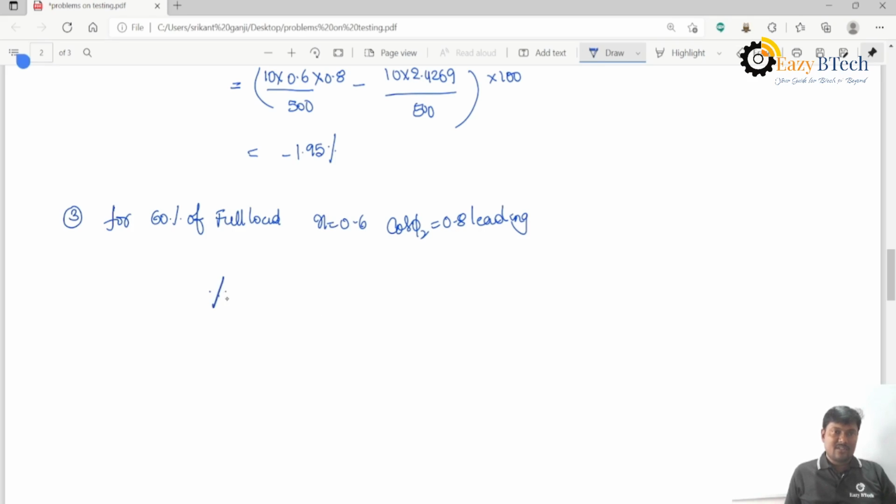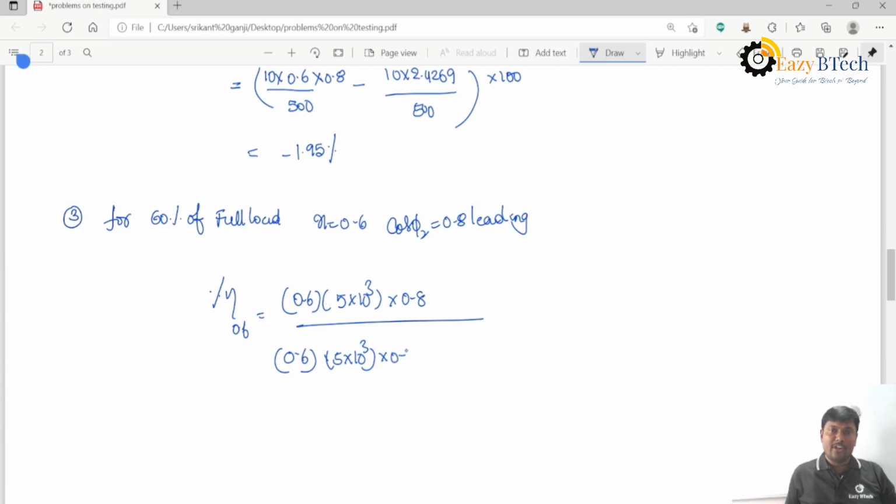So direct substitution: efficiency at 0.6 is equal to 0.6 into kVA, 5 into 10 to the power of 3 into 0.8, divided by 0.6 into 5 into 10 to the power of 3 into 0.8 plus iron losses, which is 50 and constant, plus x square times the full load copper loss.